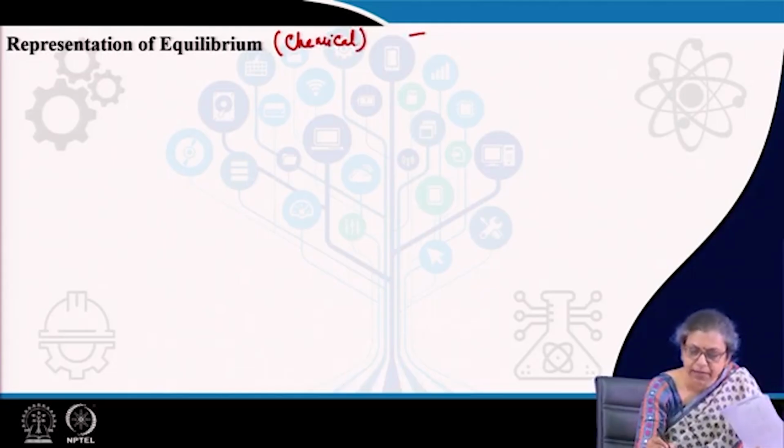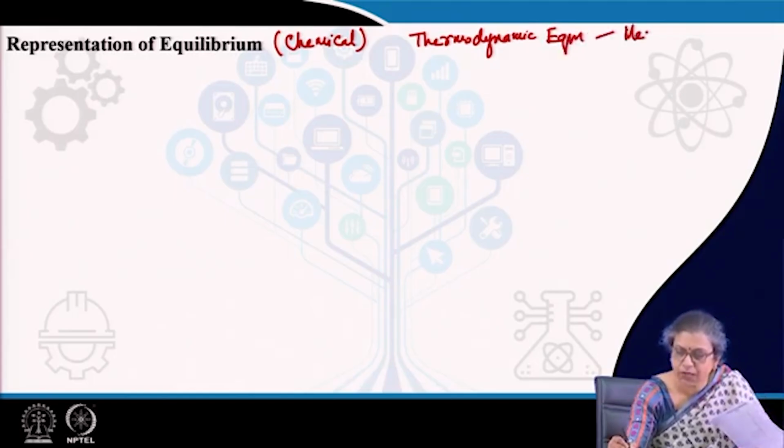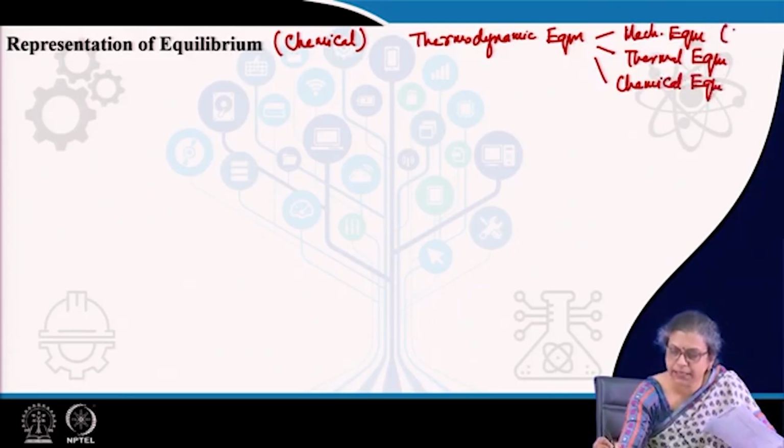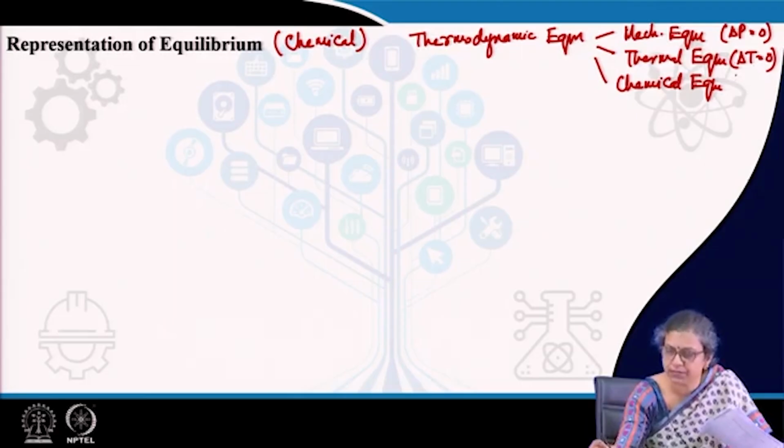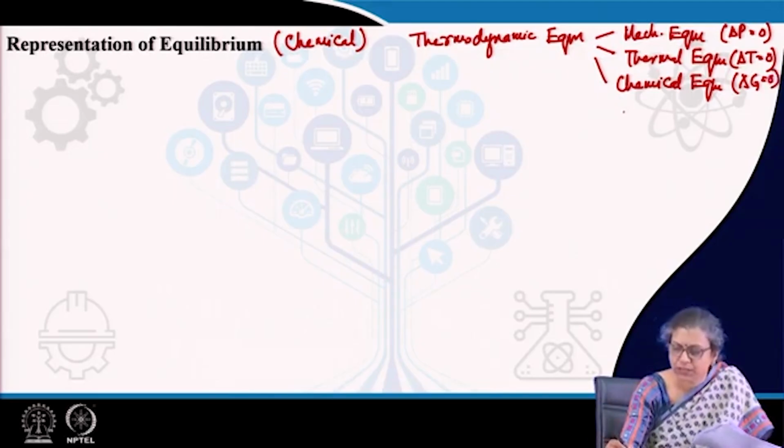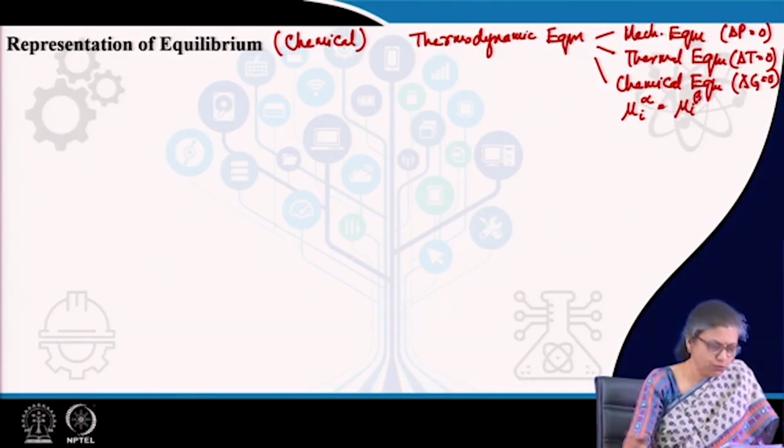I will just mention, and this is not a part of this particular course, nevertheless, that thermodynamic equilibrium is satisfied when we have a combination of mechanical equilibrium, thermal equilibrium and chemical equilibrium, or in other words, delta P equals 0, delta T equals 0, or T is the same in all the phases, and in this case it is usually referred to as the Gibbs free energy, delta G equals 0, which automatically implies that mu of each component, suppose there are two phases alpha and beta, should be equal in the two phases.